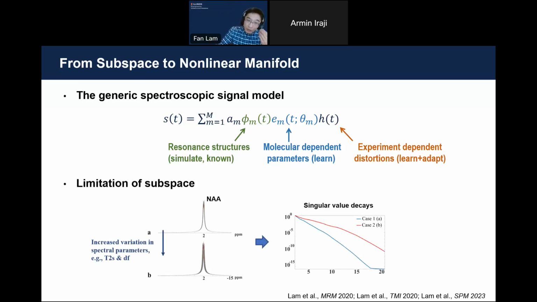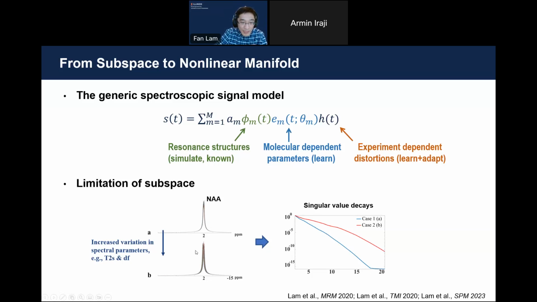However, you do run into cases where the subspace model may not be that accurate. This is just a toy example demonstrating why this happens. If you have an NAA molecule with a spectral line shape and slight shift variation going on, and you concatenate and ensemble all of these spectra, you are looking at a singular value decay, the blue curve, which is very rapid.